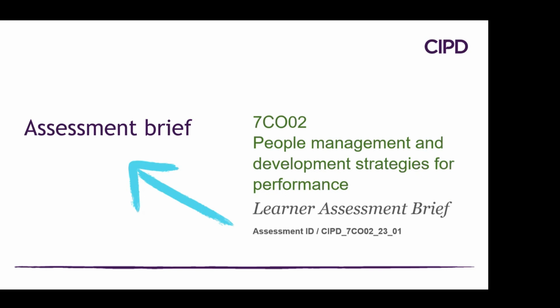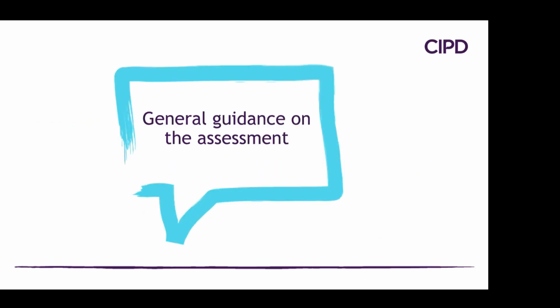Now, they're not all going to be ones that you end up writing, but you need to have a look at all of them, plan each of them so that you make sure you're meeting all the learning outcomes that the CIPD has set.